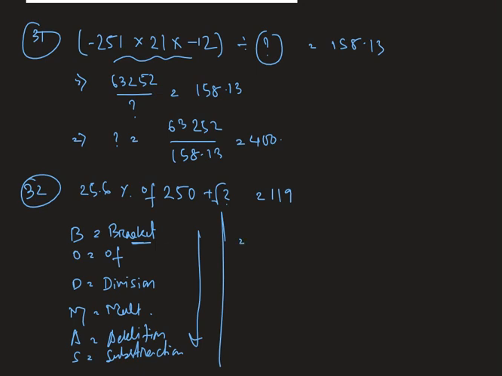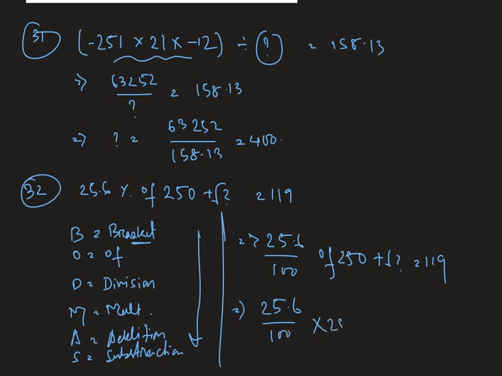Here 25.6% means 25.6 divided by 100 of 250 plus root over unknown number is equals to 119. Now 25.6 divided by 100 multiplied by 250 plus root over question mark is equals to 119.